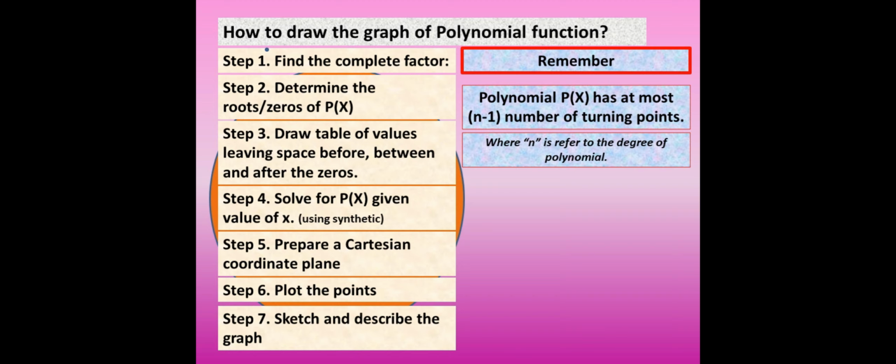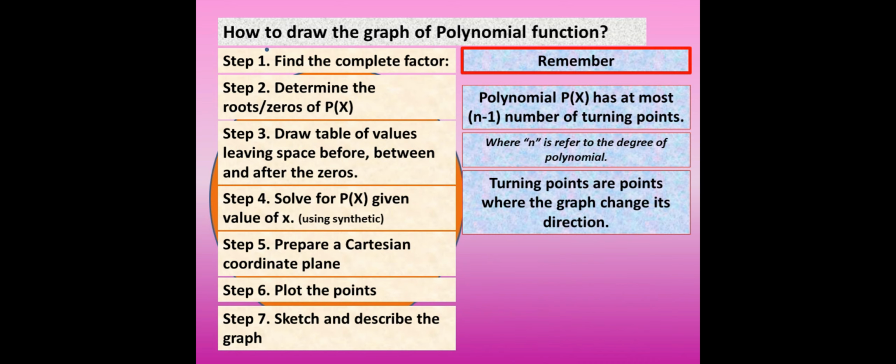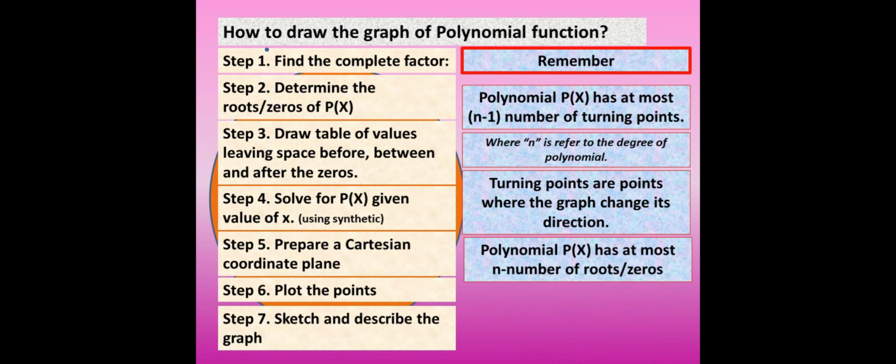Less than or equal. So the x cubed polynomial has 2 or fewer turning points. It can be one, it can be two. Turning points are points where the graph changes its direction, as we showed earlier.